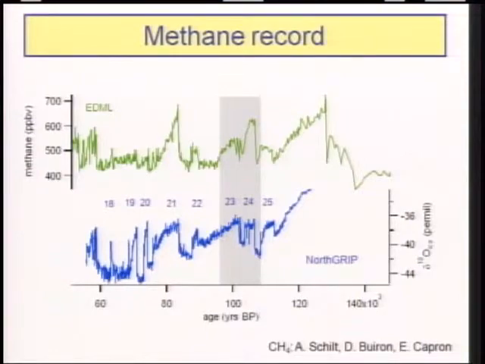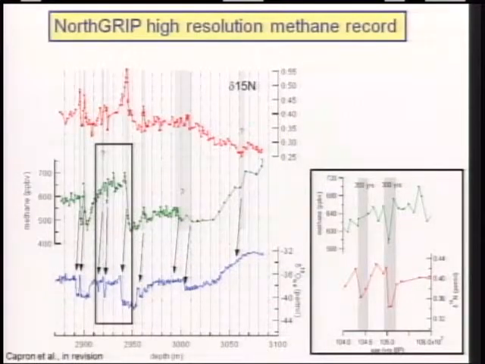Now let's look at the phase relationship between temperature and methane. And for that, let's have a look at the high-resolution methane measurement over the NorthGRIP ice core. So it's now on a depth scale with the ice delta 18O record. And so you see exactly the same thing.